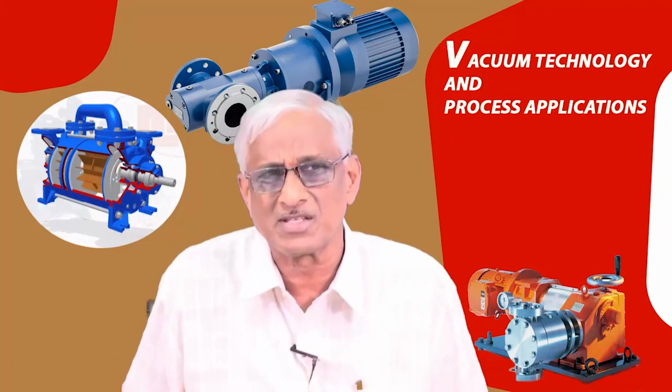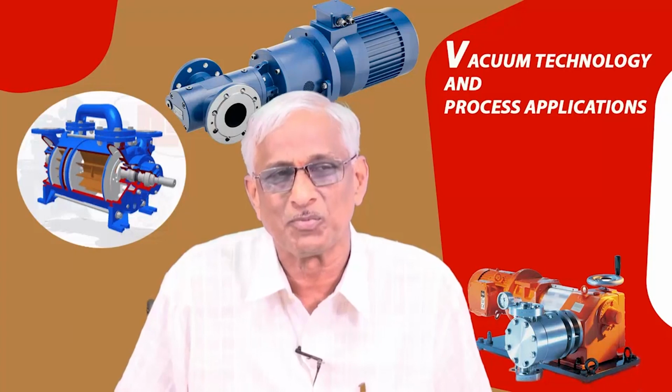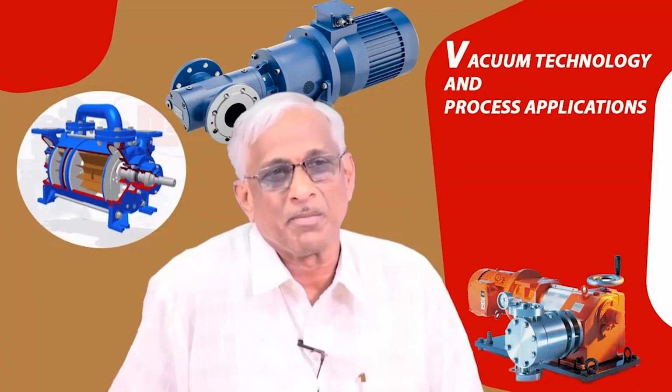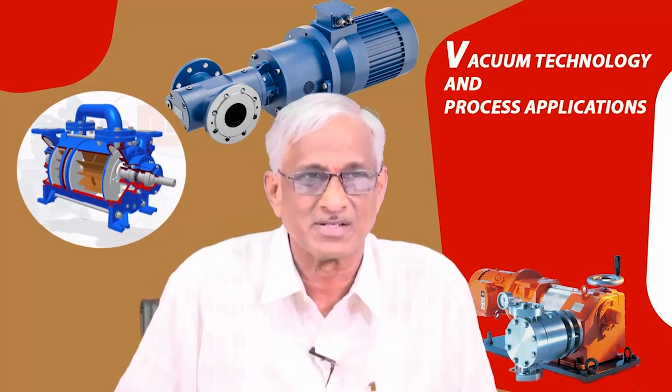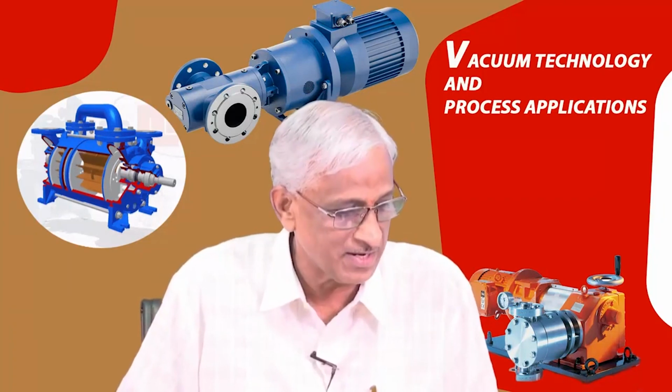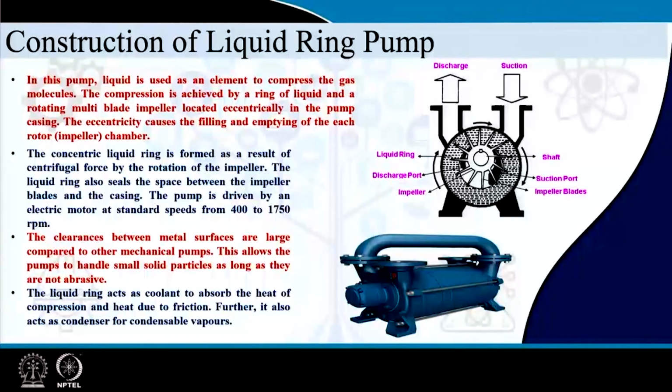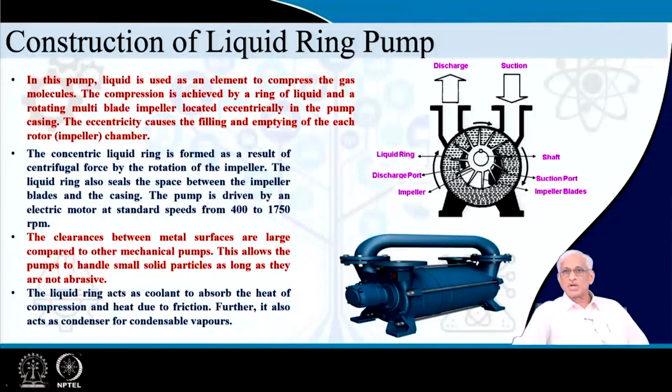There are only 5-6 equations in vacuum technology. If you remember, you can do a lot of design. Other things are like typical mechanical things, stress calculations and heat transfer calculations, etc. Okay. So, this liquid ring is getting formed during the rotation of this impeller because of centrifugal forces.